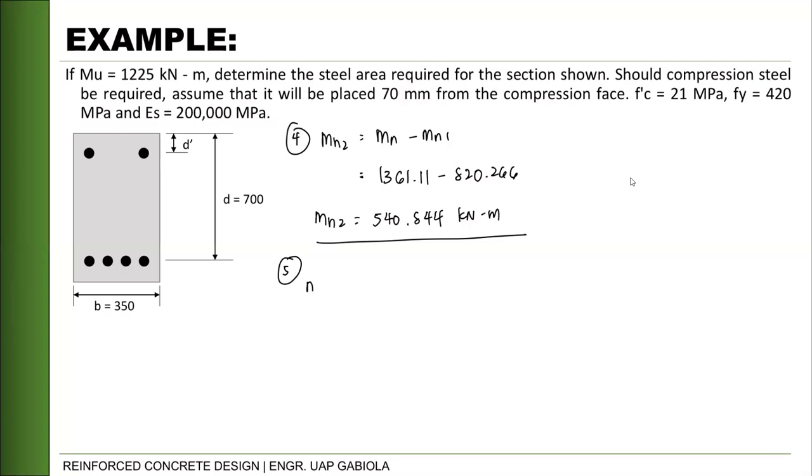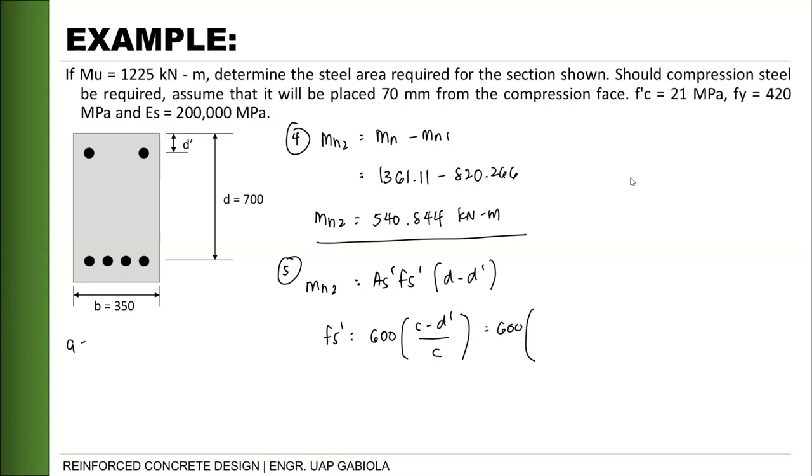We have Mn2 is equals to As prime, Fs prime, (d minus d prime). So ang Fs natin, from our derivation earlier, we have 600 times (c minus d prime) over c. So c value natin, nakuha natin a sa previous, is 223.125 mm. So c is equals to a over beta.